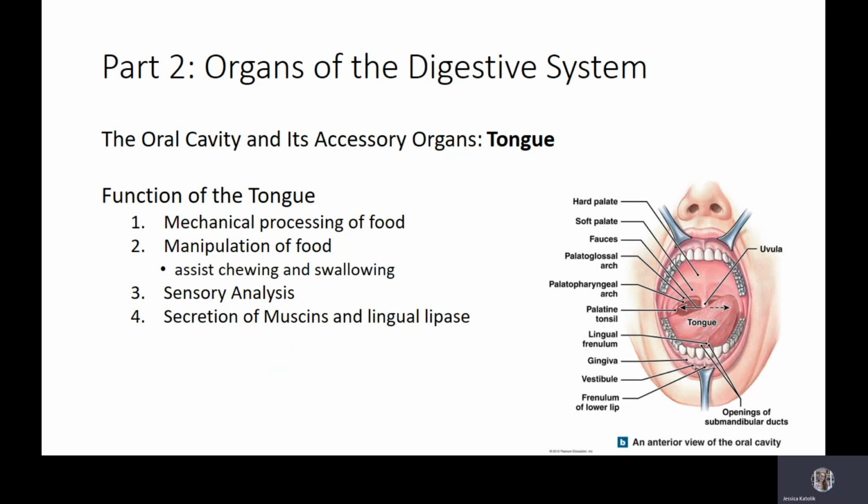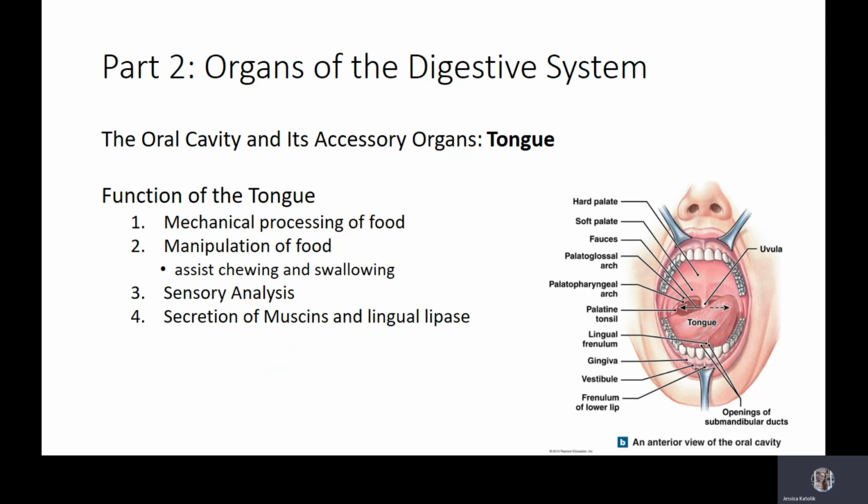It also will help with the voluntary phases of swallowing. So it actually will push against the surface of the hard palate and push the food backwards into the pharynx as we are swallowing. Obviously, it's going to be involved in sensory analysis. The tongue is one of the most sensitive regions of the body. It has such a large portion of the brain dedicated to it.